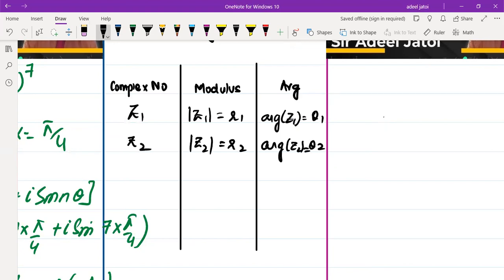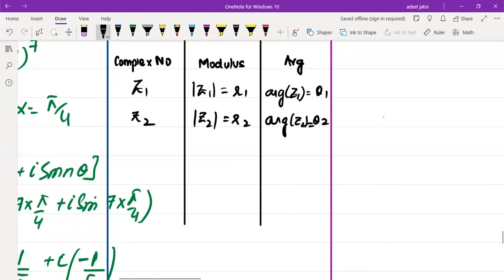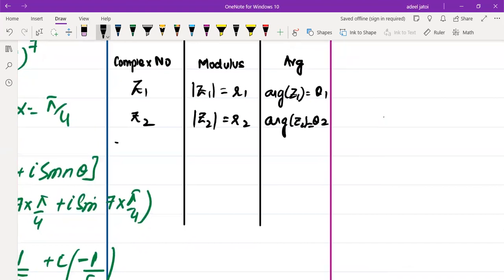theta 2. So now what you need to understand is, if two complex numbers are being multiplied, we can directly multiply Z1 by Z2, which means R1 multiplied by R2. That means the moduli can be multiplied to get the modulus of two different complex numbers being multiplied.